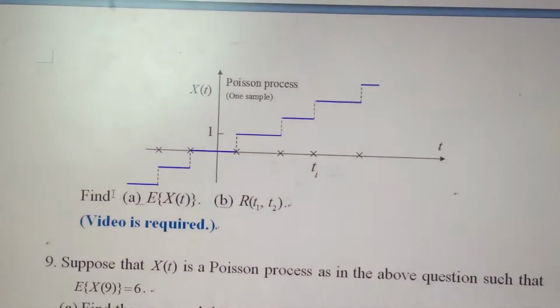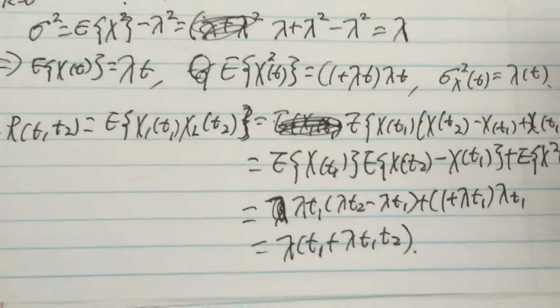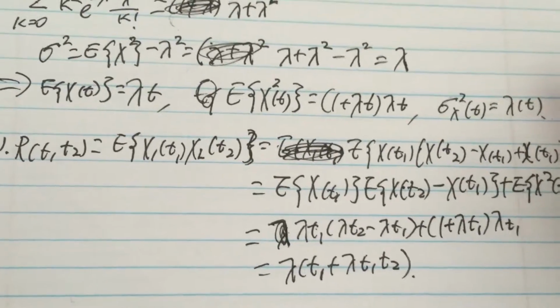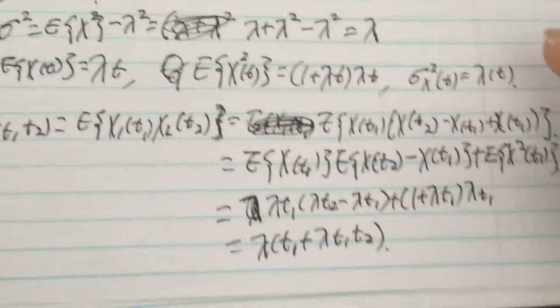In the second question, we need to find out R(t1, t2). R(t1, t2) equals E[X(t1) times X(t2)].